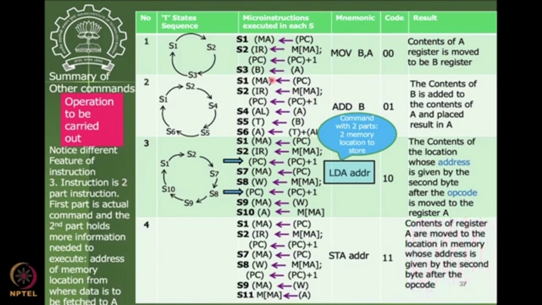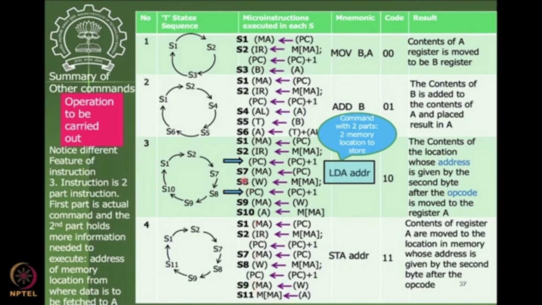All these micro instructions together: we'll add S1, S2, S3 here, but S1 and S2 are common because these micro instructions are common, while S4, S5, S6 are new micro instructions. Like that, for every command, whatever operations you want to happen for that command, we will add these micro instructions to the set, and all these micro instructions form the distinct operations that are to be performed.